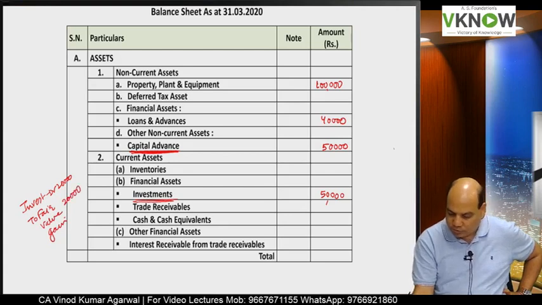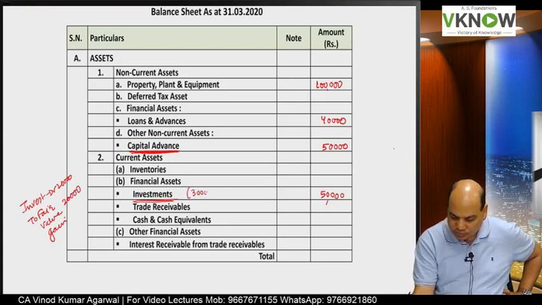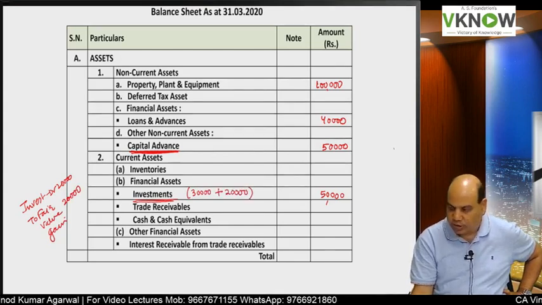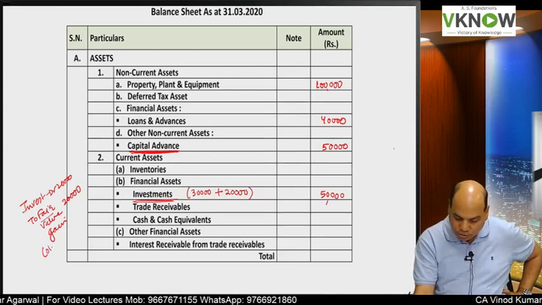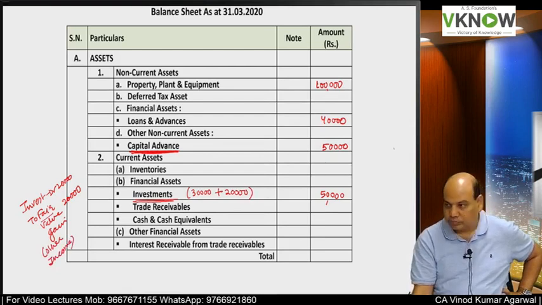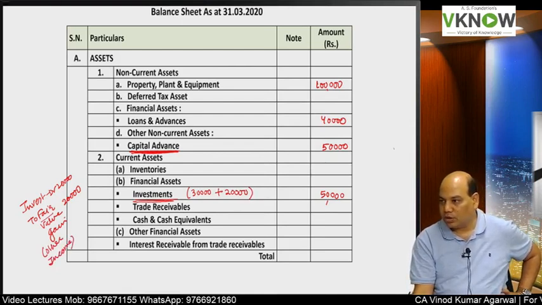So investment which was in my books at 30,000, we have appreciated it by 20,000, and this fair value gain will be shown in P&L account as other income. So that is in note 1, other income 20,000.